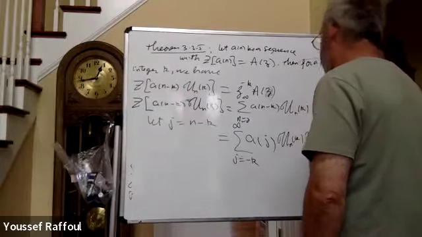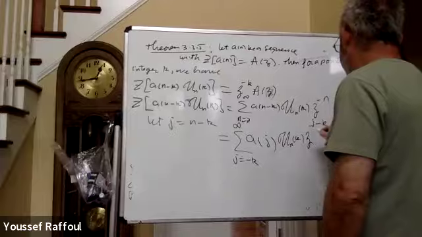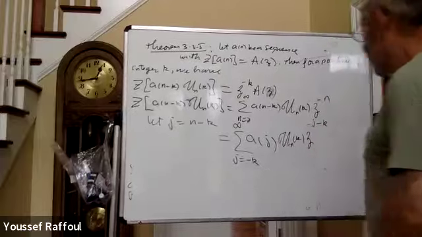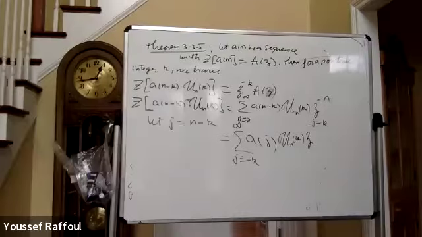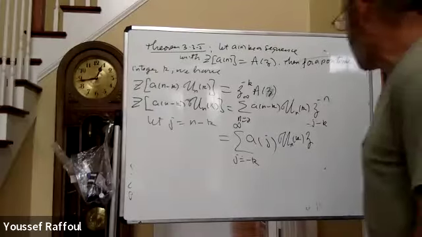And Z of minus N is minus J minus K. Well, J equal minus K to infinity, so you will see how this is defined.